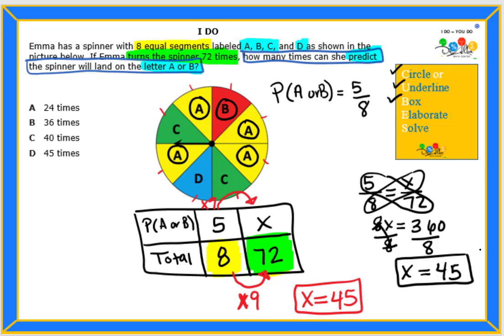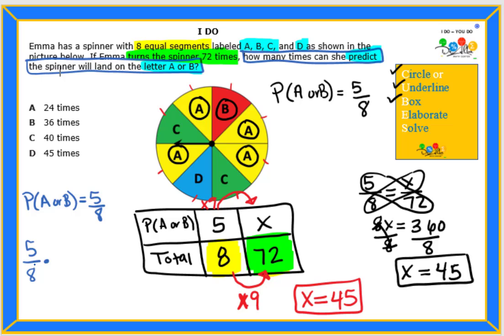Let's do it one more way just for fun because we love probability. So I know that the probability of getting A or B is 5/8. Now we take the probability of the favorable outcome and we multiply it by the number of times we're going to do the experiment.